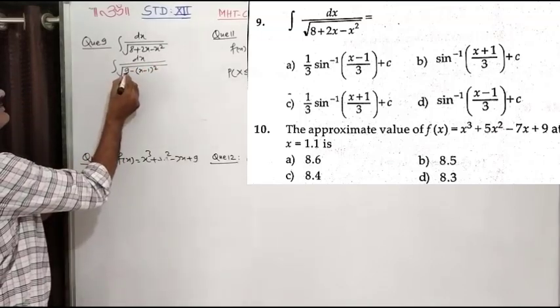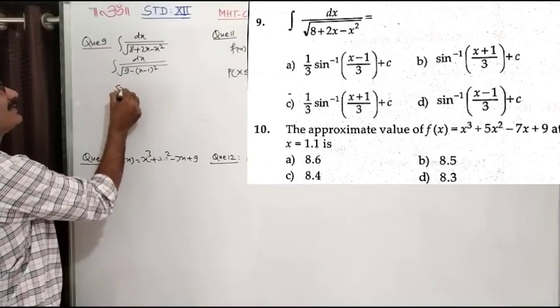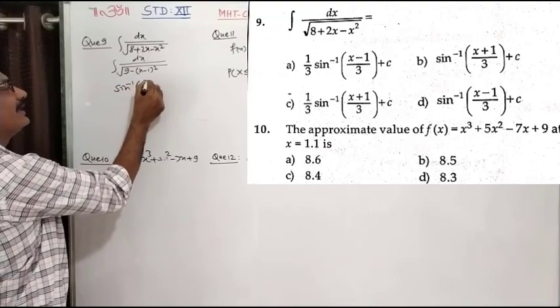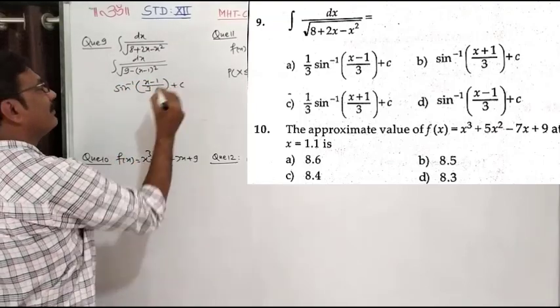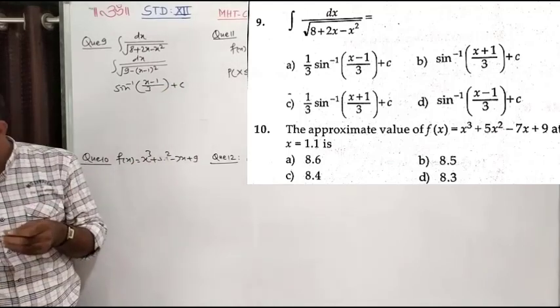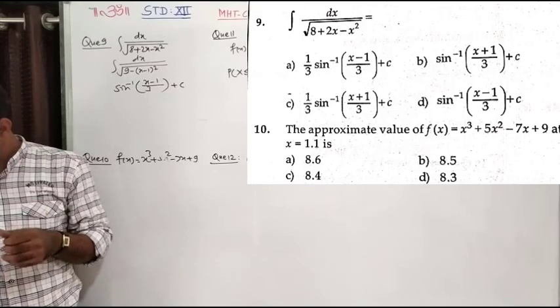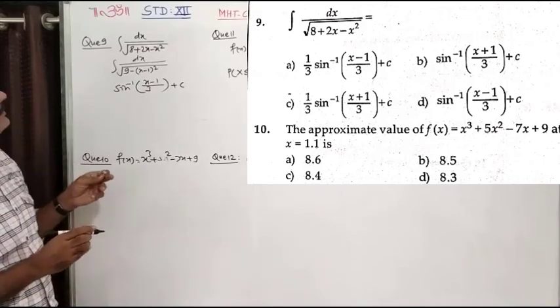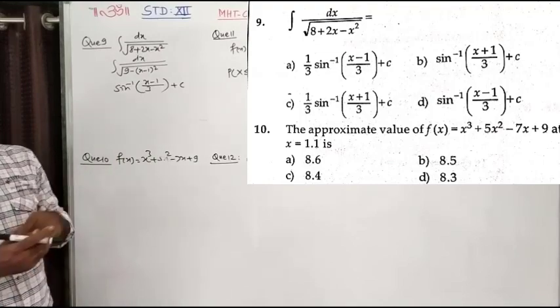So it is a square minus x square. What is the result? It is nothing but sin inverse of x upon a plus c. It is given in the option. Sin inverse of, option is D.